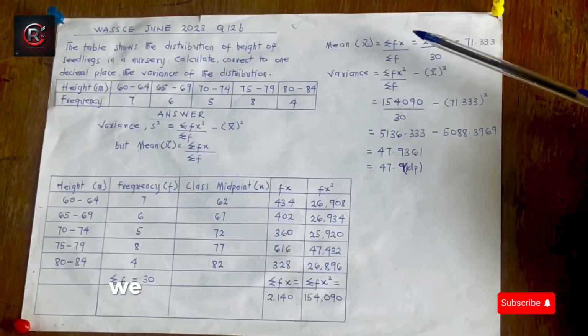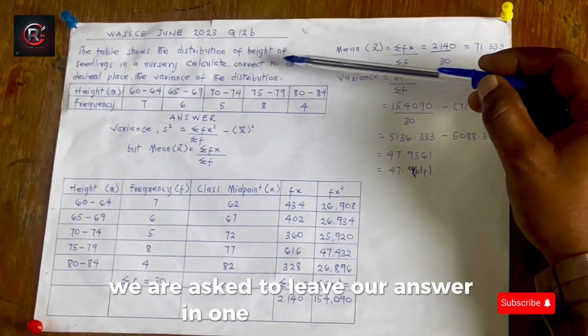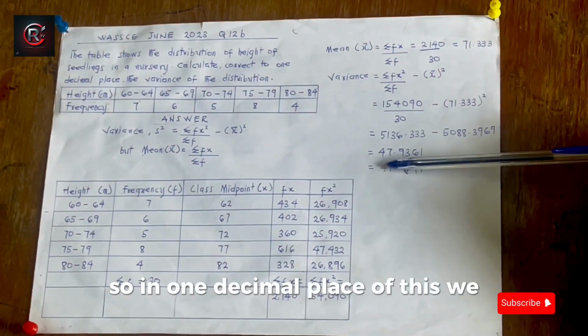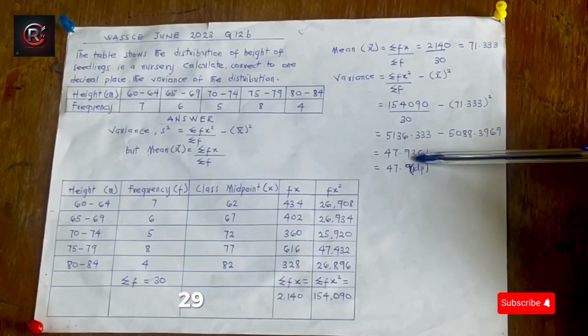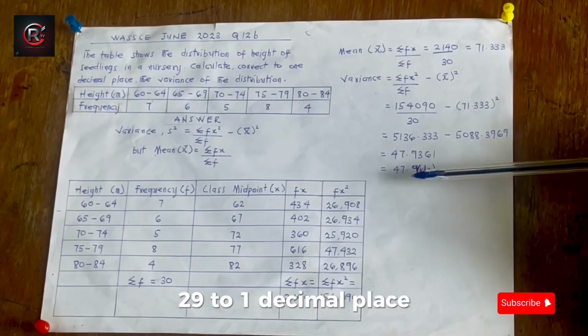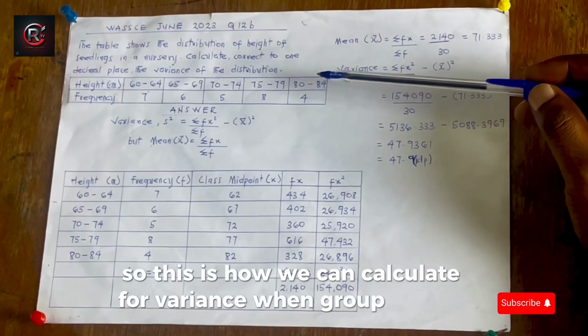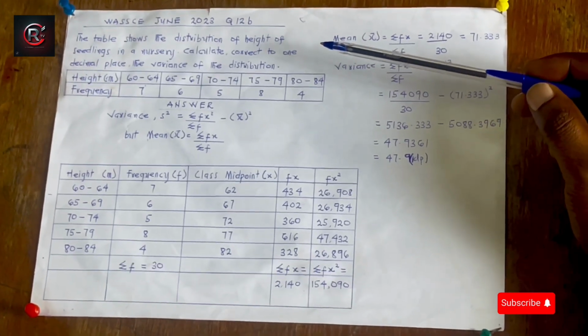But don't forget that we have been asked to leave our answer in 1 decimal place. So in 1 decimal place, we are going to have 47.9. So this is how we can calculate for variance when group data is given. Thank you.